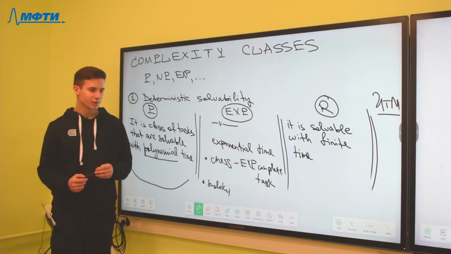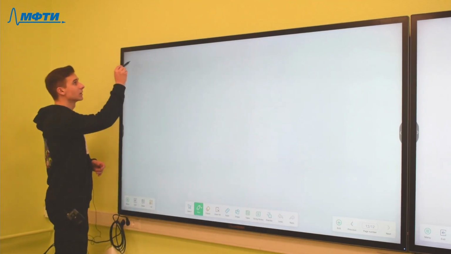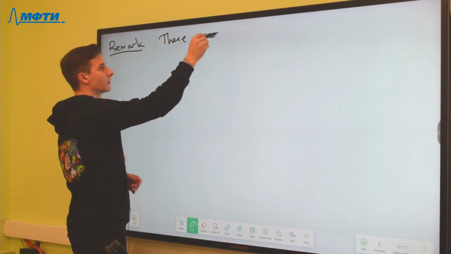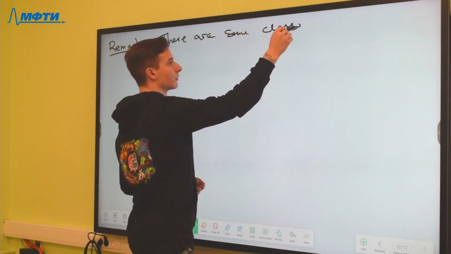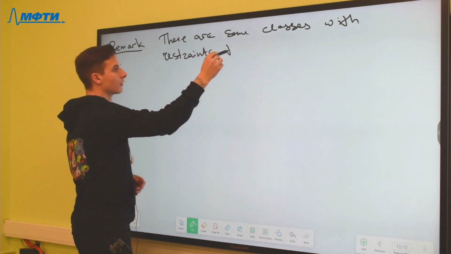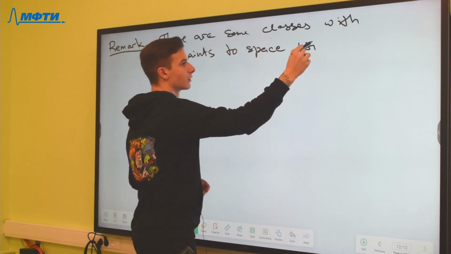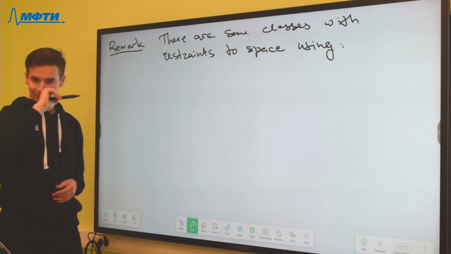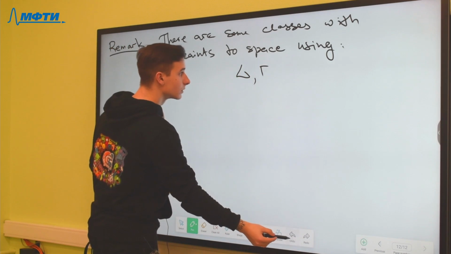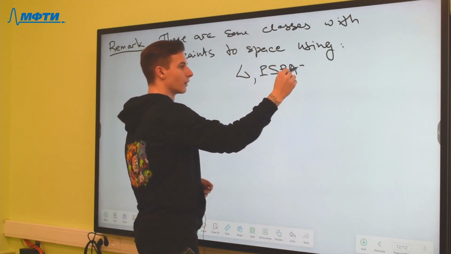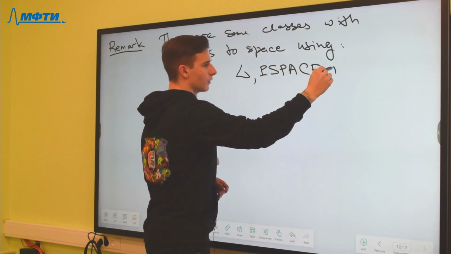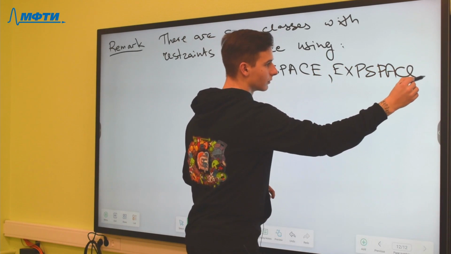We don't talk about it now, but you can write as a remark that there are some classes with restraints on space, for example L, P space, sorry, XP space. That's true.